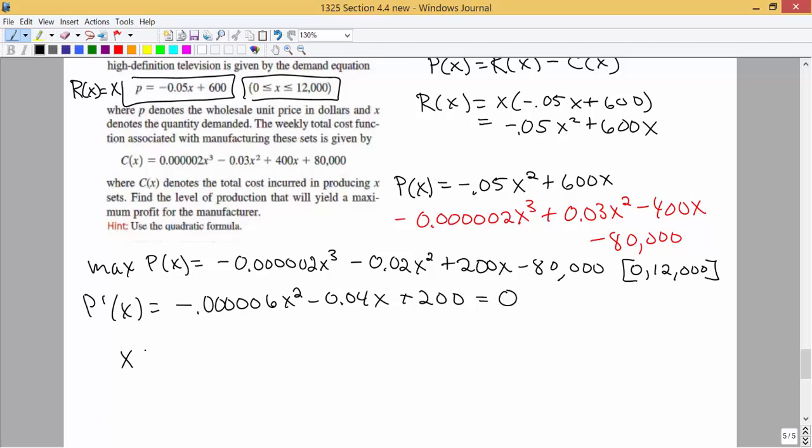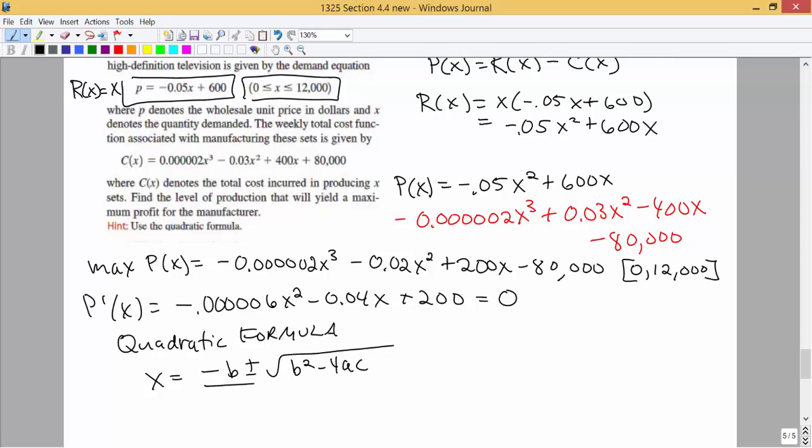We're going to use the quadratic formula. Okay, remember that the quadratic formula is x equals minus b plus or minus the square root of b squared minus 4ac all over 2a.